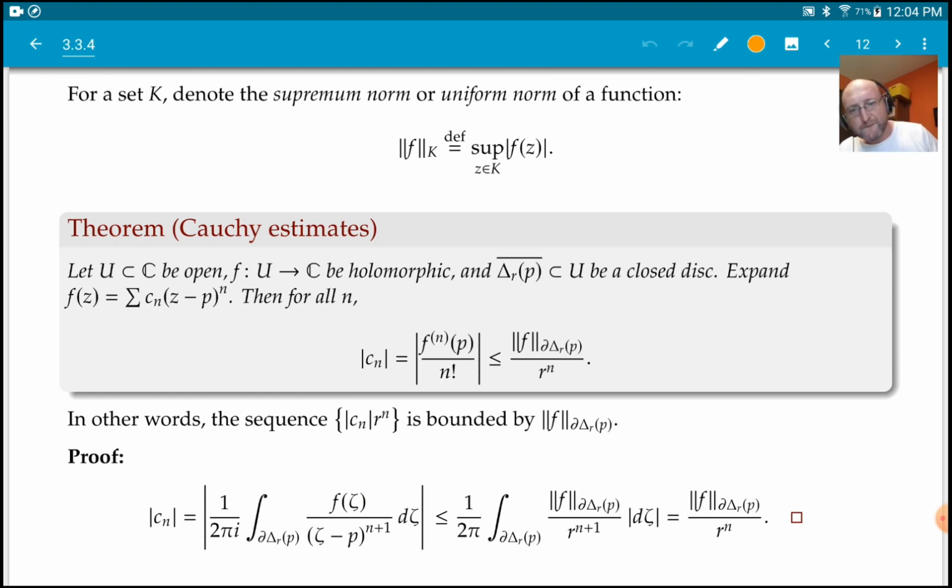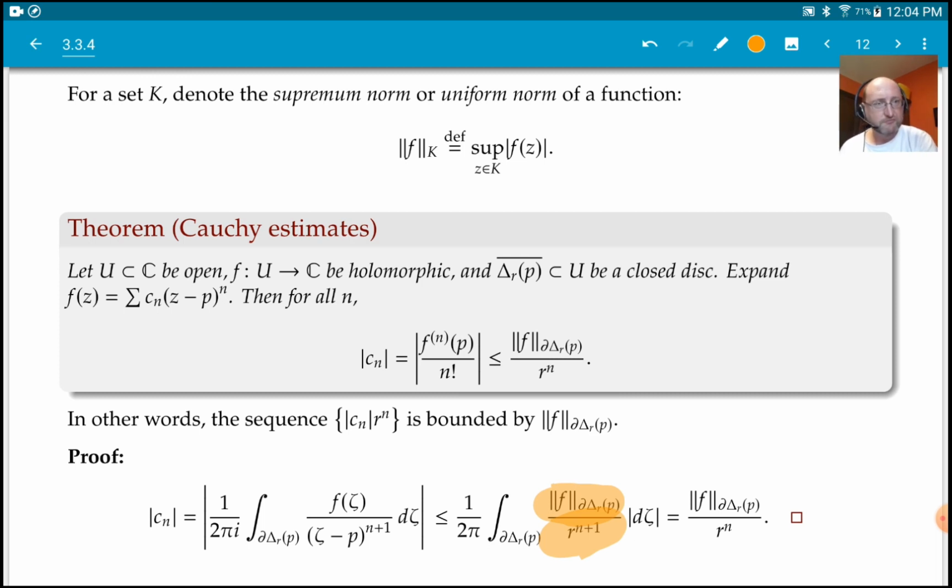Now let's evaluate this integral, because there are no more zetas, right? The top, we replaced it by a constant, so that doesn't depend on zeta. The bottom also doesn't depend on zeta. That's a constant, r. So that means that we are just integrating a constant.